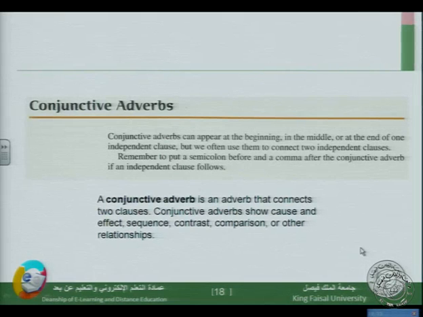A conjunctive adverb is an adverb that connects two clauses. You understand this. Conjunctive adverbs show cause and effect, sequence, contrast, comparison, or other relationships.